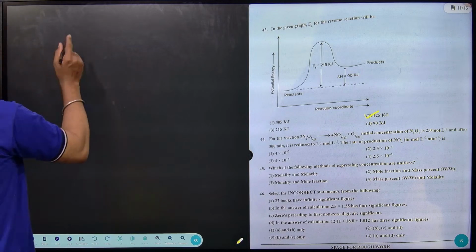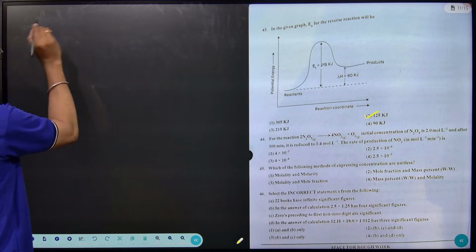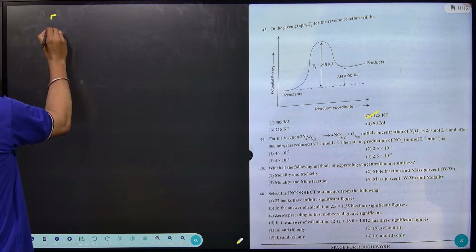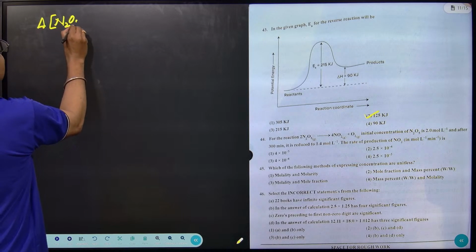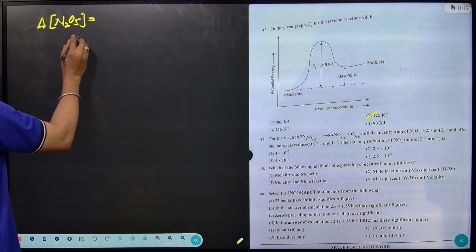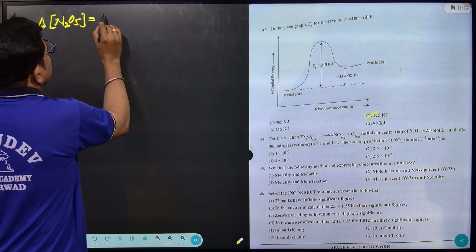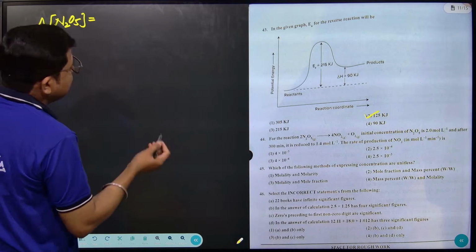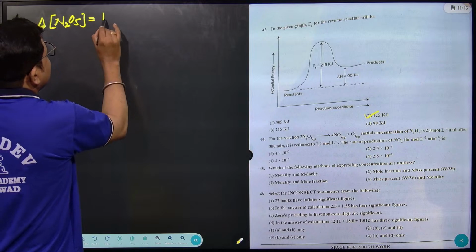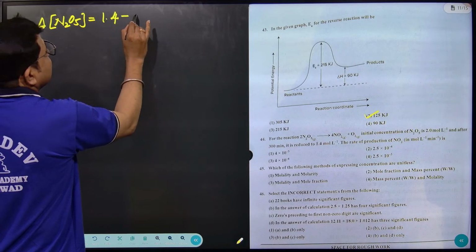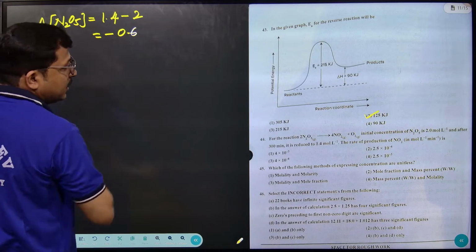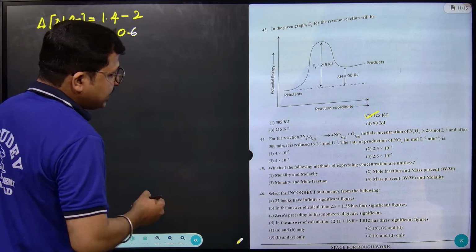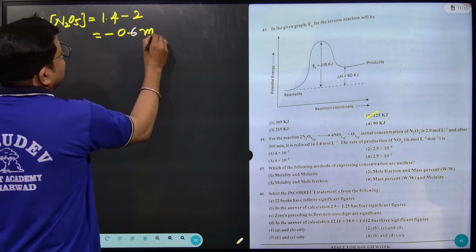Now let's begin. The change in the concentration of N2O5 is final minus initial, that is 1.4 minus 2. This becomes minus 0.6 mole per liter.